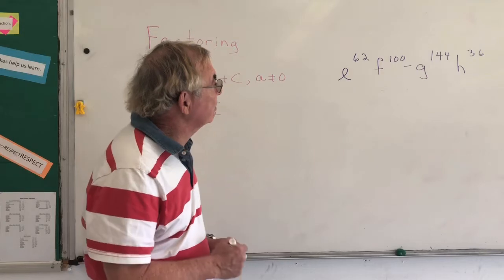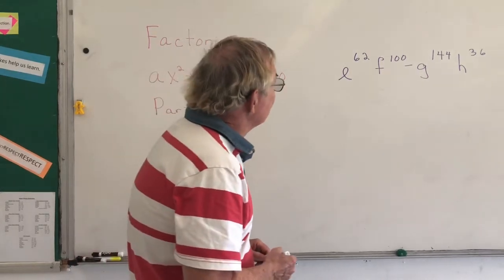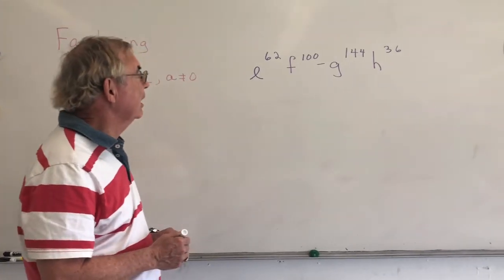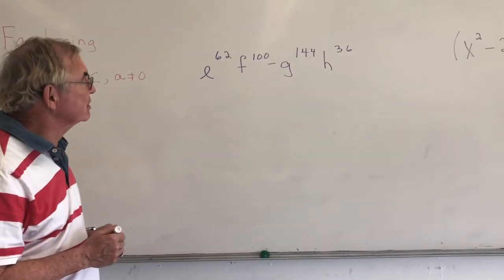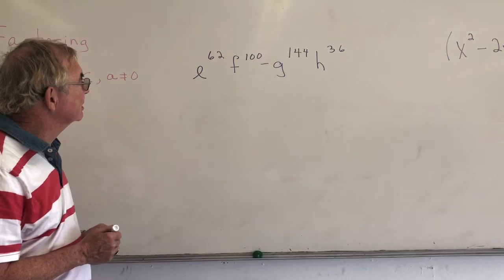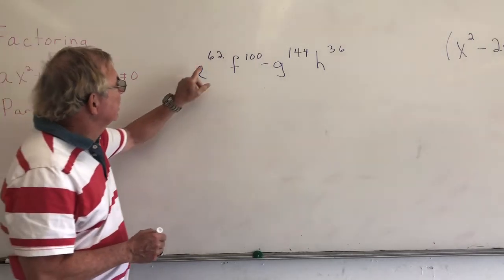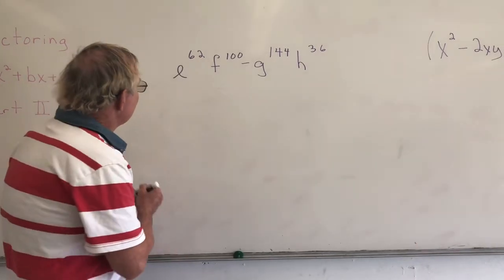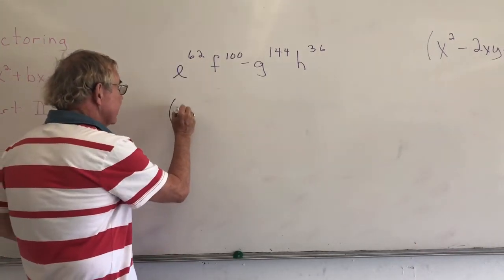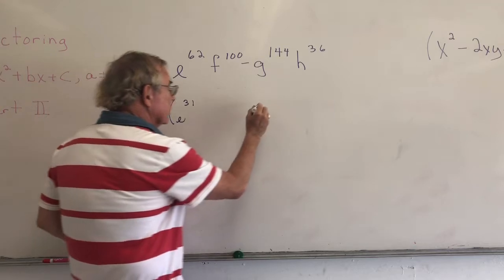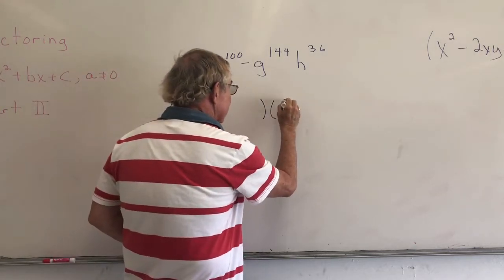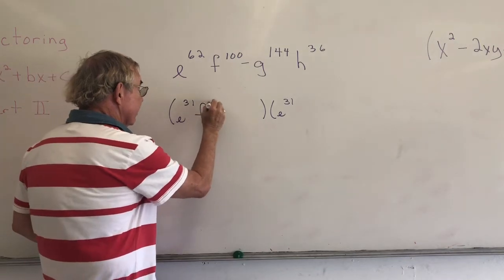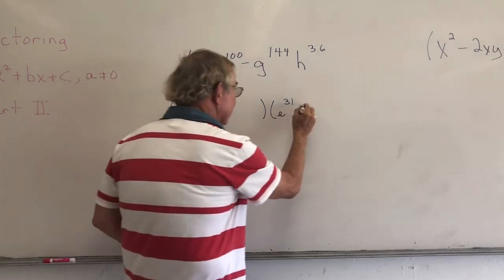Our next example is another difference of squares. It just looks intimidating. I showed you one with fractions previously, and so let's look at this. If you have e to the 31st times e to the 31st, remember your rules of exponents, you would add them, and that would give you 62. And of course, 50 plus 50 would be 100.